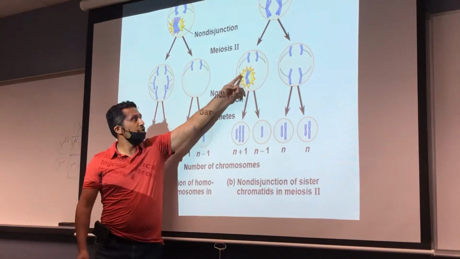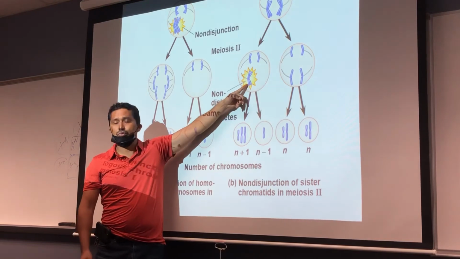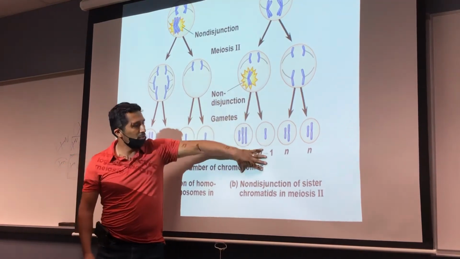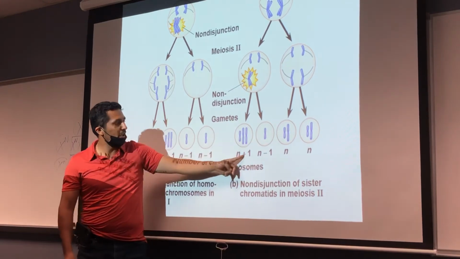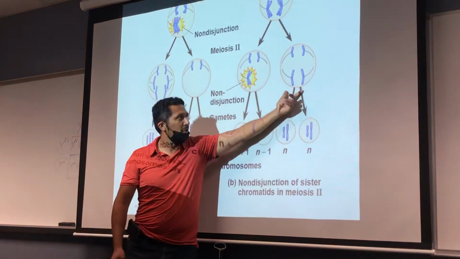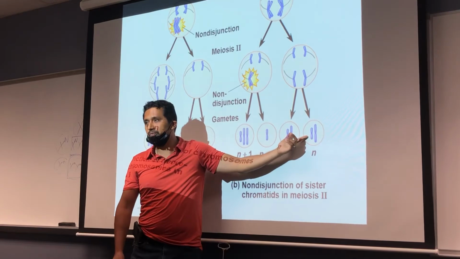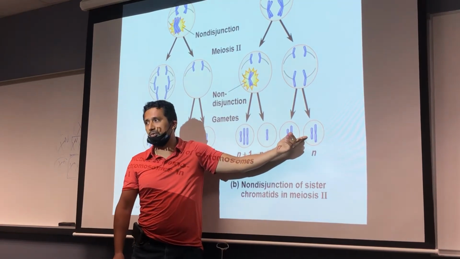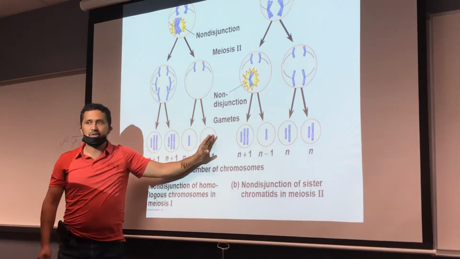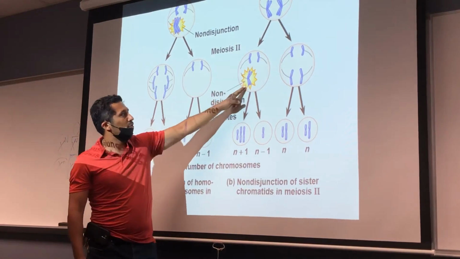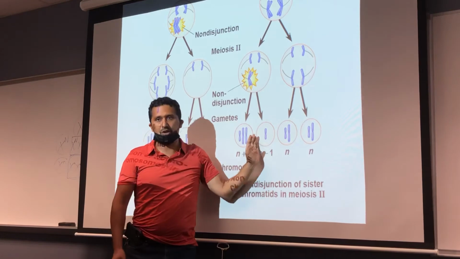Whereas if the non-disjunction happened on meiosis 2, then these two daughter cells will be abnormal, one missing a chromosome, one having an extra chromosome. These two will be normal. We'll have the normal number of chromosomes. So non-disjunction in meiosis 1, all cells abnormal. Non-disjunction on meiosis 2, two cells abnormal.